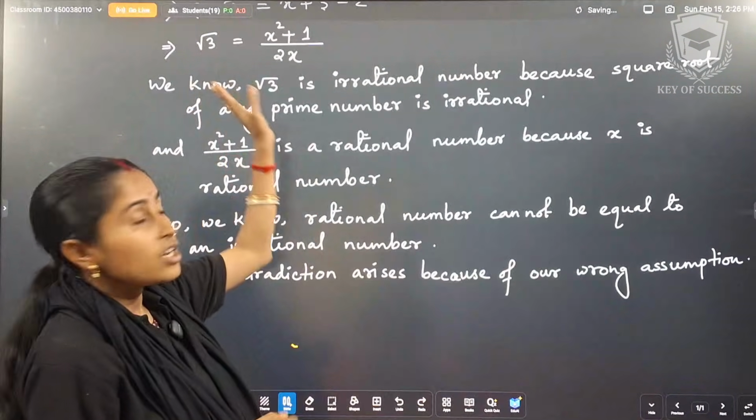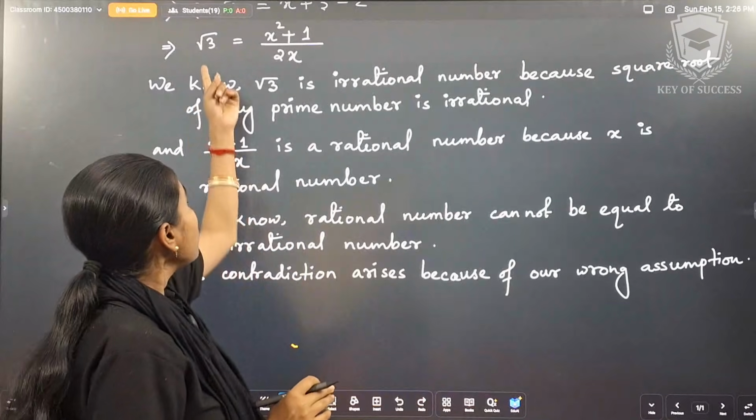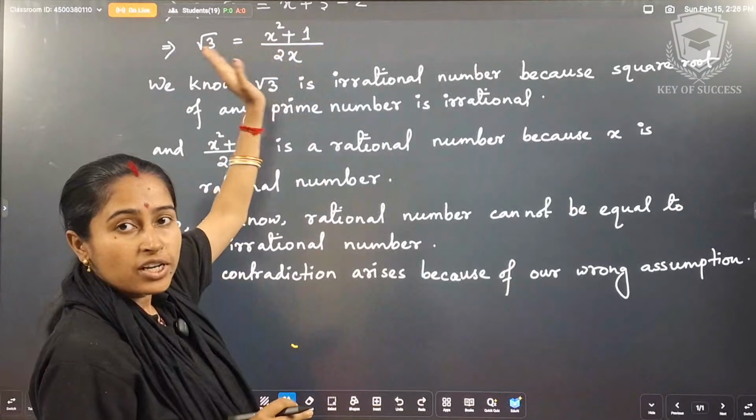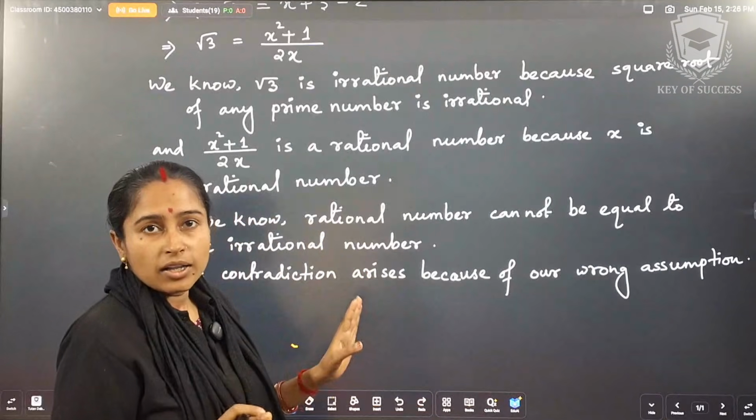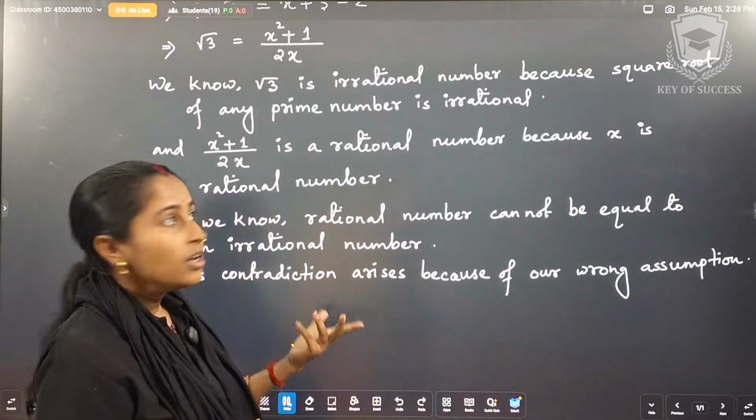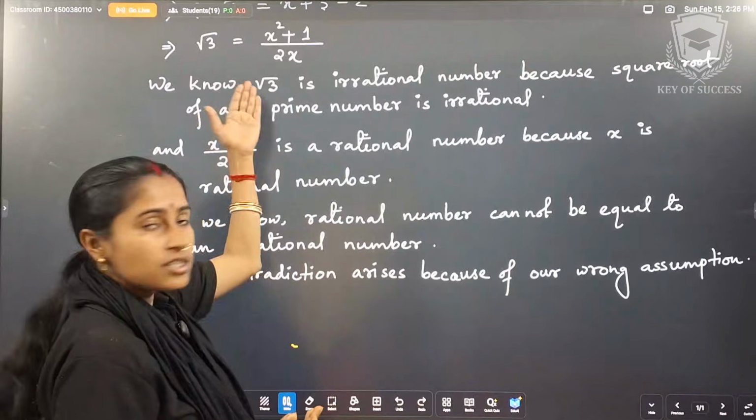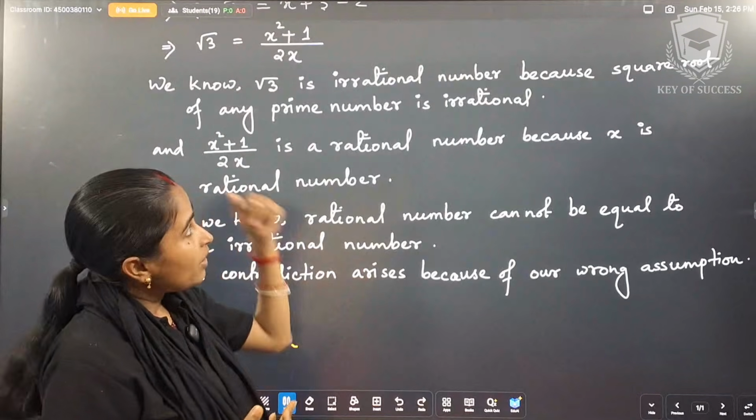Okay, so in our calculation there is no mistake. So what we are getting? Root 3 is equal to this one, irrational equal to rational we are getting, and we know that they cannot be equal, they will never be equal. That means what is wrong? We are getting two different things at a time. So which one is wrong? Our assumption is wrong.